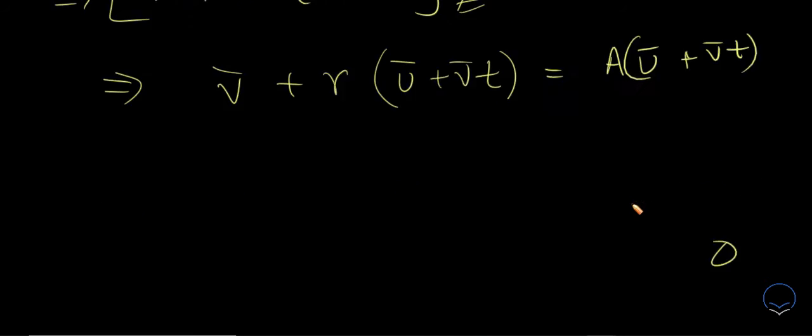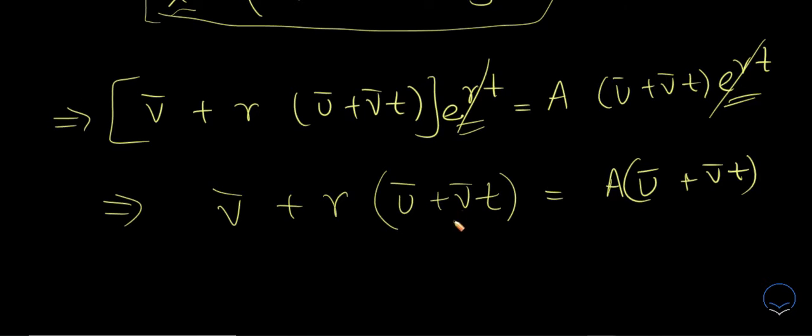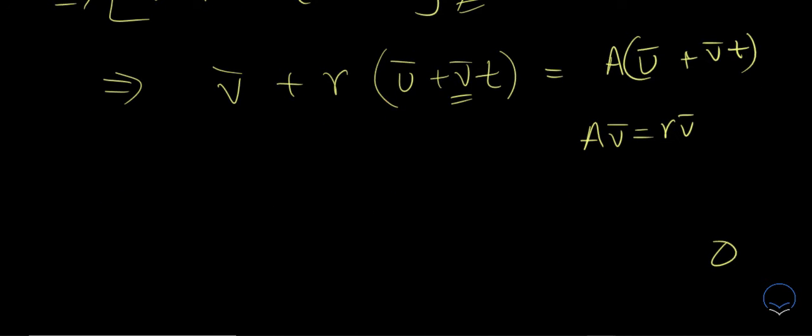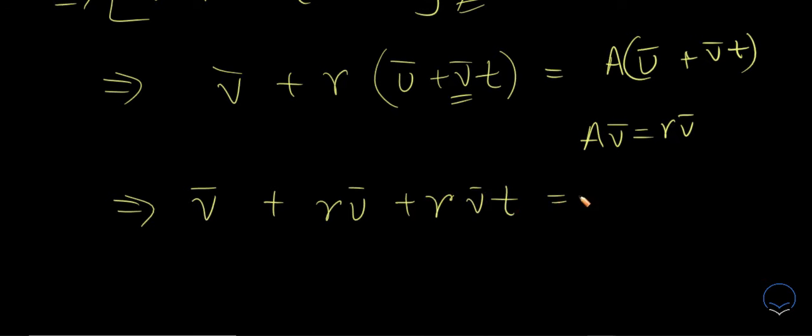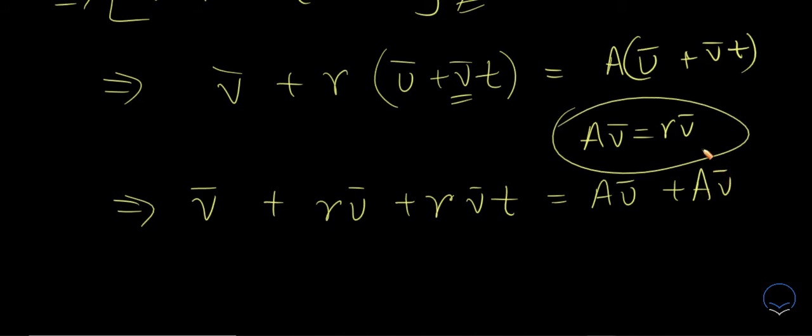And obviously we also remember that since this v bar came from the equation A v bar equals r v bar, this is the thing that we're going to use to our advantage. Because if you take this, then our third line over here will be v bar plus r u bar plus r v bar t equals A u bar plus A v bar t.